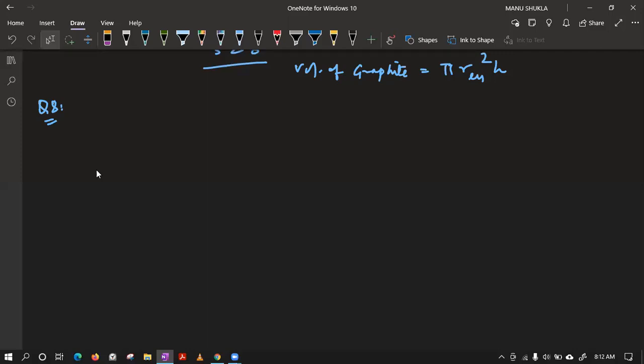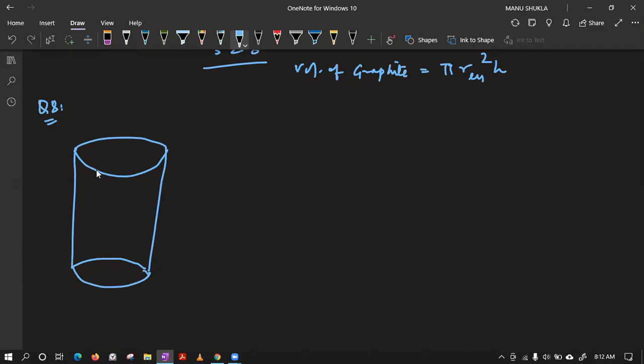Fine. A patient in a hospital is given soup daily in a cylindrical bowl of diameter 7 centimeters. So we have a cylindrical bowl. As I have told you, before writing anything, the first thing that you should do is draw a diagram. You should make it a habit whenever possible, wherever possible, draw. Okay. Now we have this diameter equal to 7.